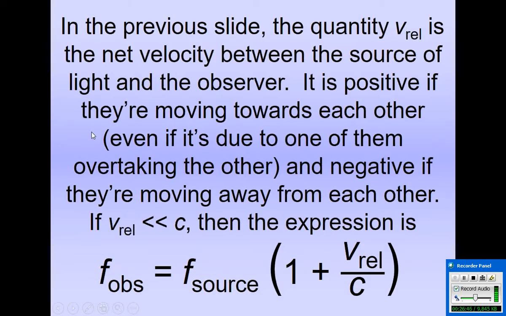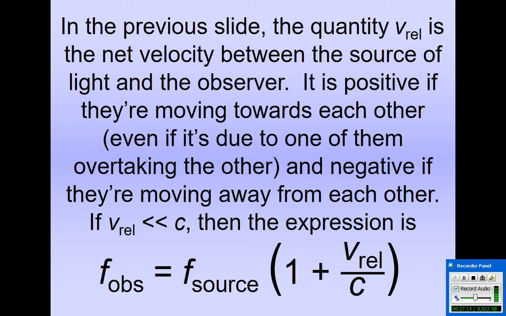If this relative velocity is substantially less than the speed of light, maybe 10% the speed of light or less, we have a simplified version of this equation: the observed frequency is equal to the frequency as emitted by the source times the quantity 1 plus the relative velocity over c.